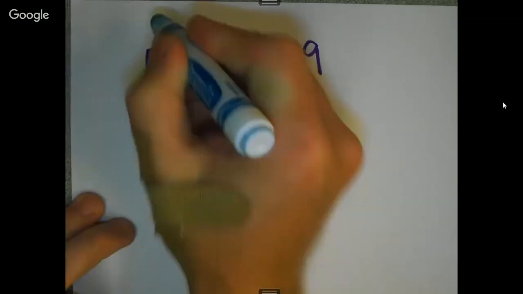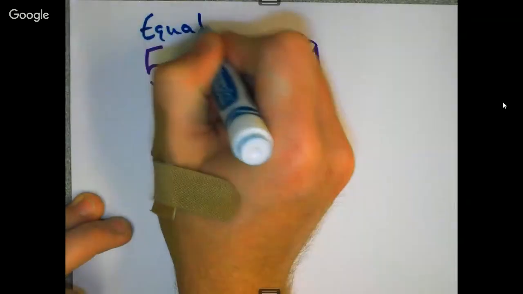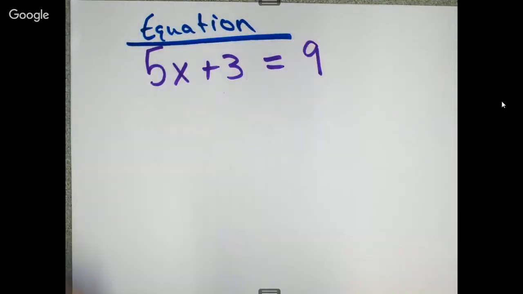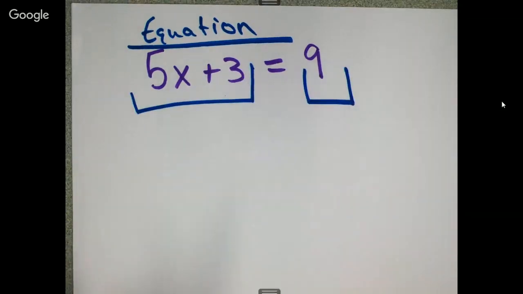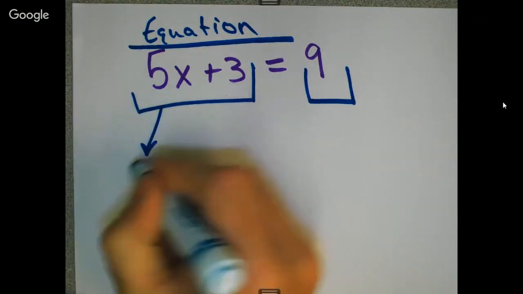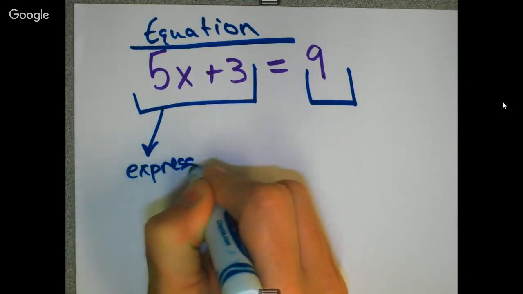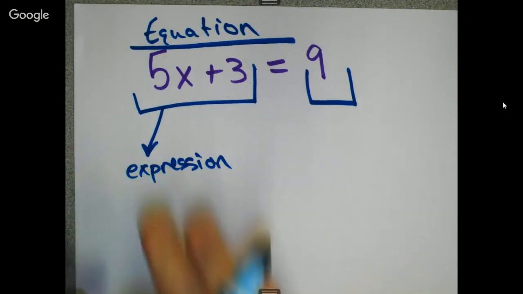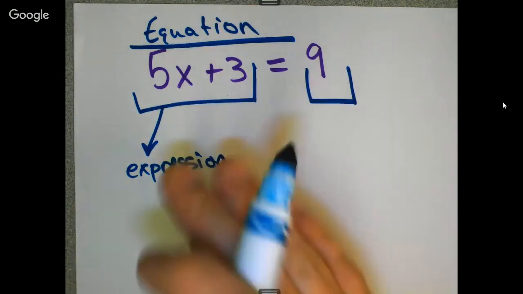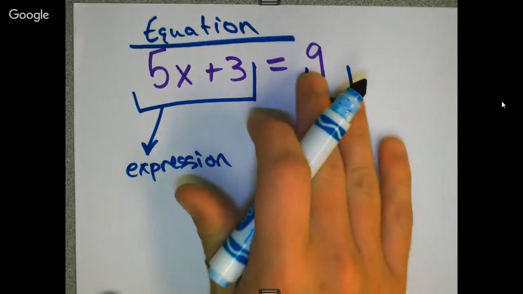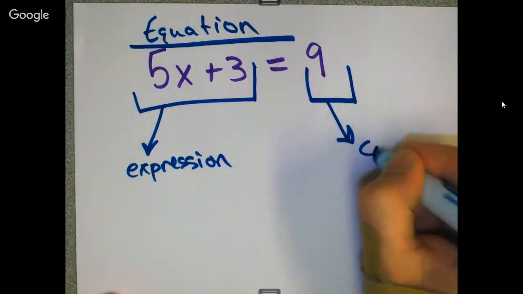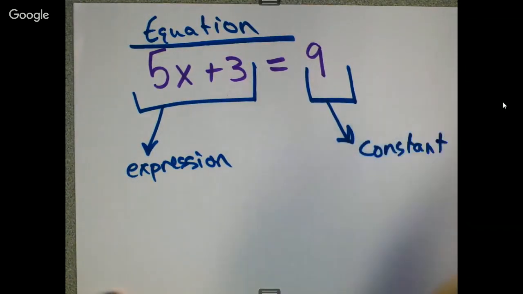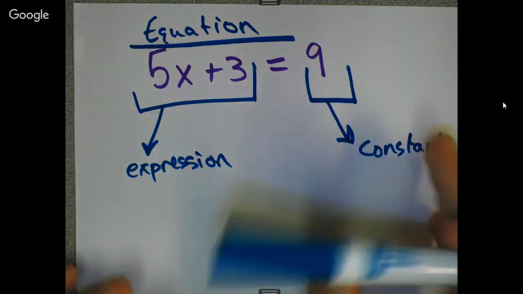This is an equation. It's an equation because it has an equal sign. Each side of the equation is an expression. That's an expression because it doesn't have a variable or anything. We can call it a constant. Okay, but it is also an expression.